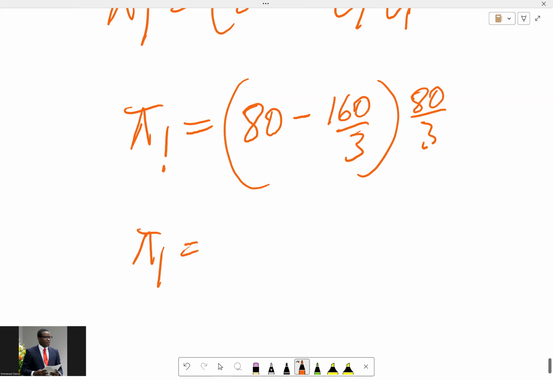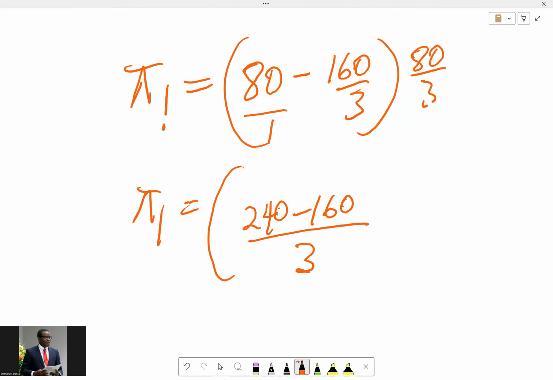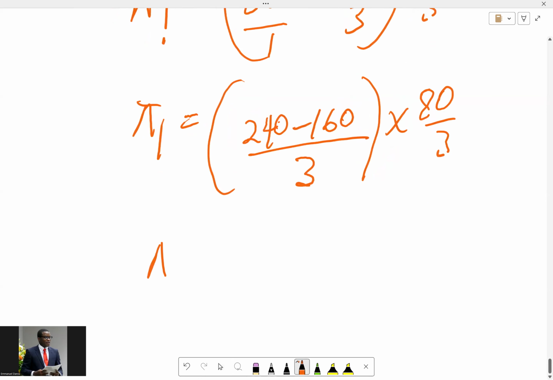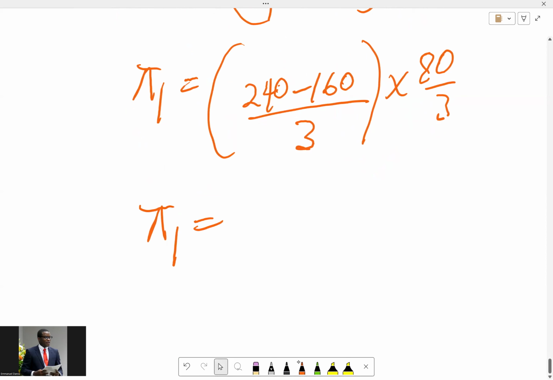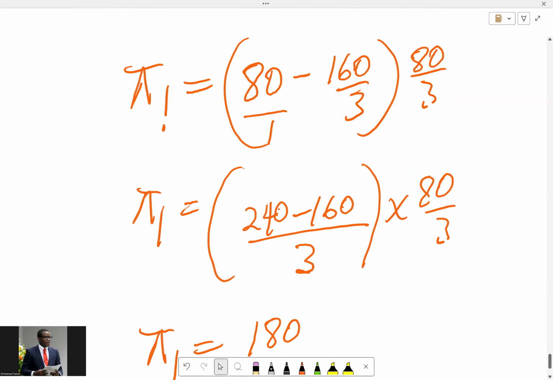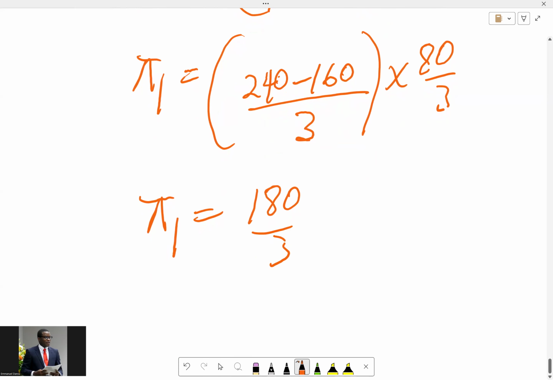Pi 1 is equal to, we can take the LCM inside the bracket. LCM is 3. 1 times 3 is 3, 3 times 80 is 240, minus 160, multiplied by 80 over 3. So pi 1 is 240 minus 160, which should be 80. Would that be 80? Yeah, 80. 180 divided by 3 times 80 divided by 3.